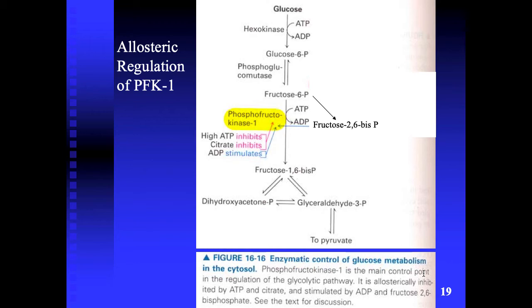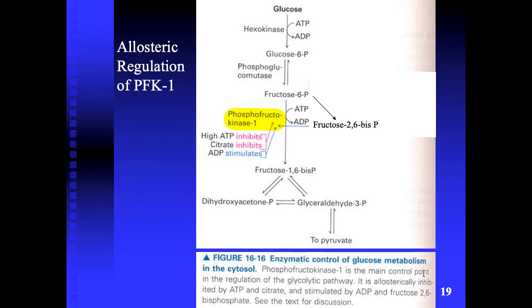Citrate inhibits. Where's citrate from? Krebs cycle. So if the Krebs cycle has been active and citrate is at a high concentration, some of that citrate can leave the matrix, bind PFK1, and slow down glycolysis, essentially decreasing more citrate production. So these are both feedback, right? It's kind of cool, right?